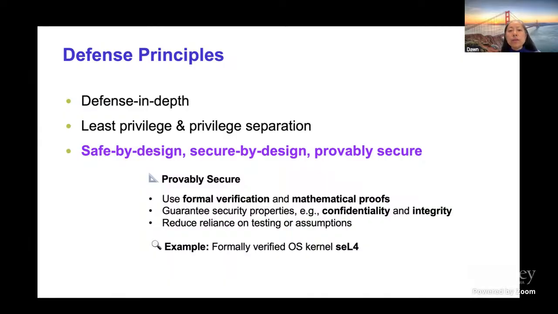For example, there are a number of traditional software systems, such as microkernels, that have been formally verified, as in seL4. Of course, in agentic hybrid systems, this formal verification can be even more challenging. But ideally, if we can enable such a provably safe and secure system, this will give the strongest safety and security guarantees using safe by design and secure by design.